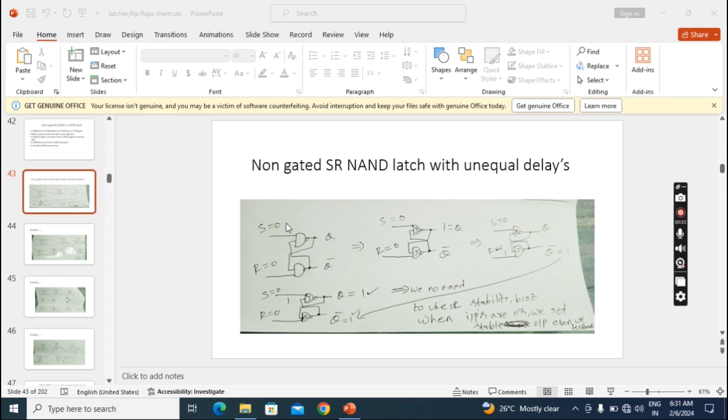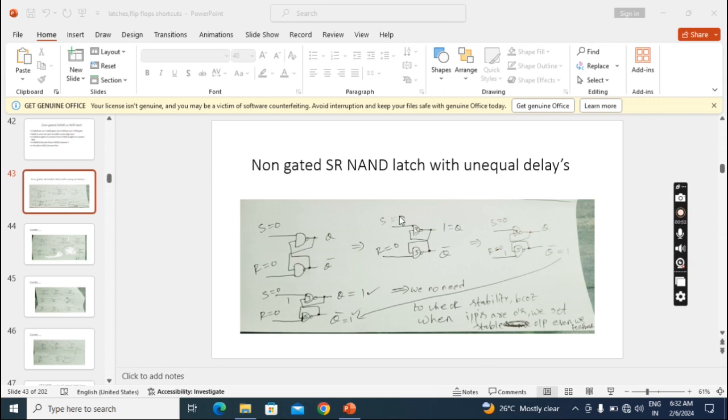Suppose now I applied S0 R0, and the outputs are Q and Q bar. Here I take that this top gate has less delay, so it is faster than the below gate. Whichever gate is faster or has less delay, first we have to take the output of that gate, because it will give the output first.